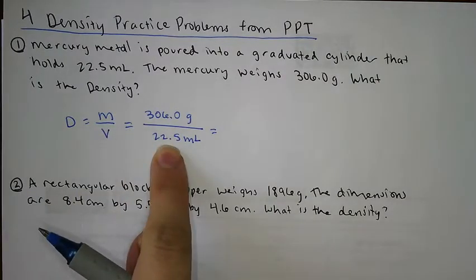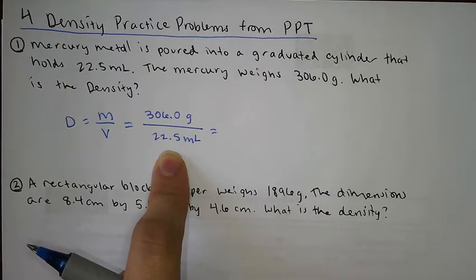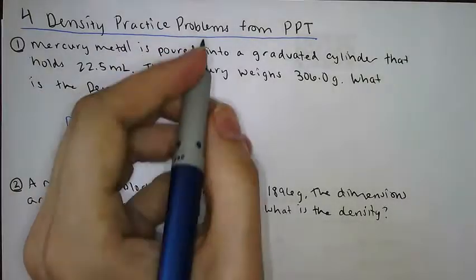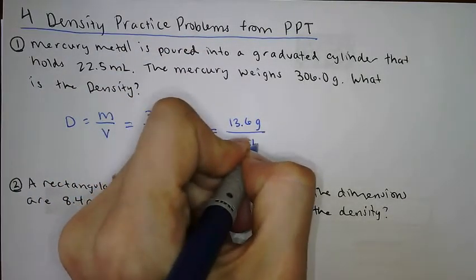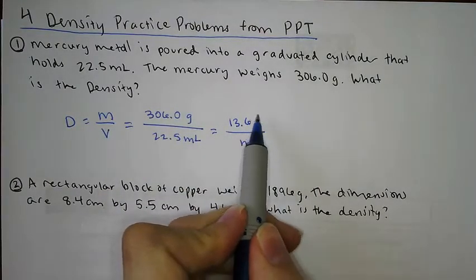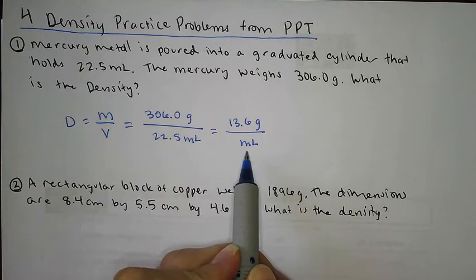You've got to think about significant figures. This one has 4, this one has 3. We're doing division, so we get to keep 3 sig figs. So this would end up being 13.6 grams per milliliter. Note that grams stays in the numerator and milliliters remains in the denominator.